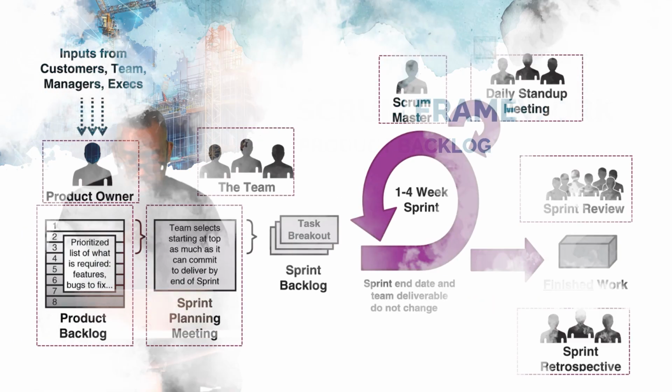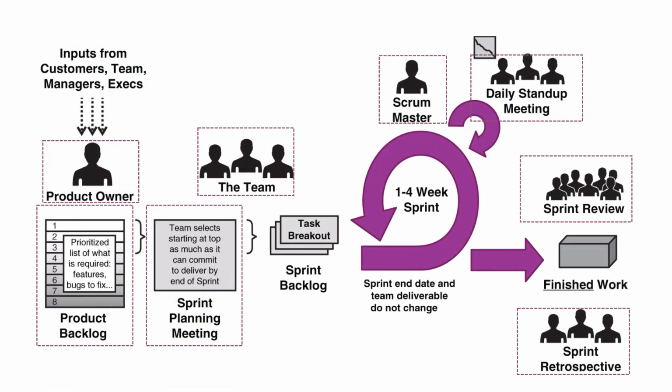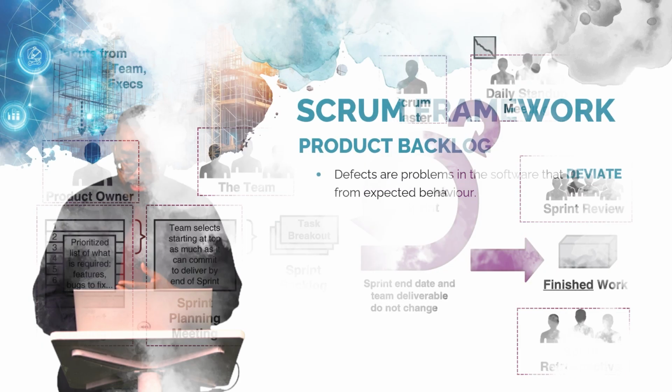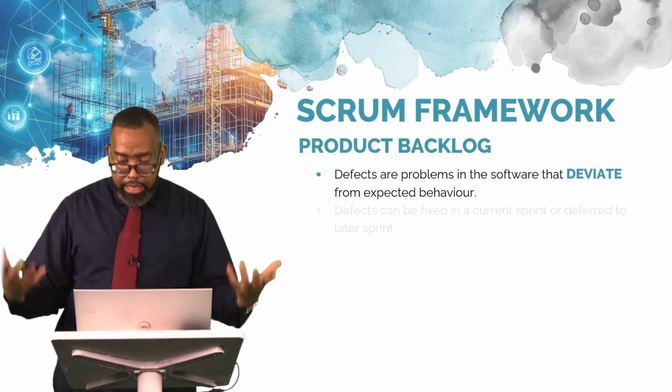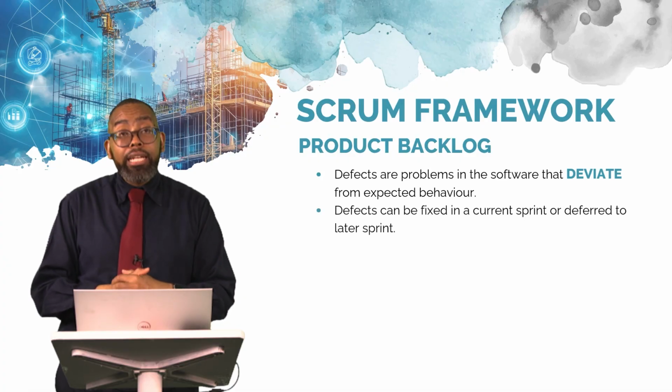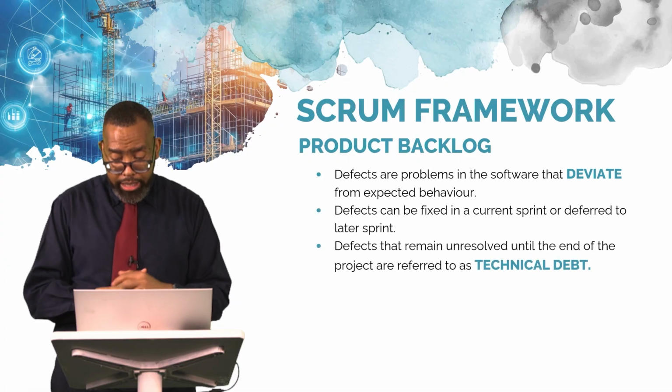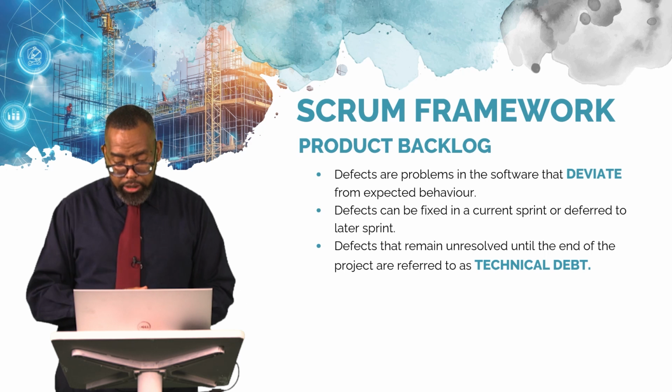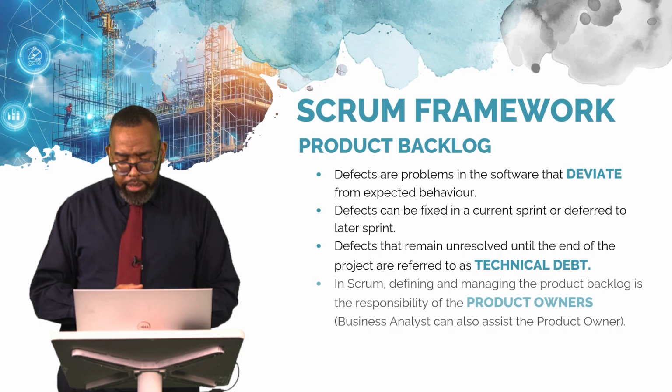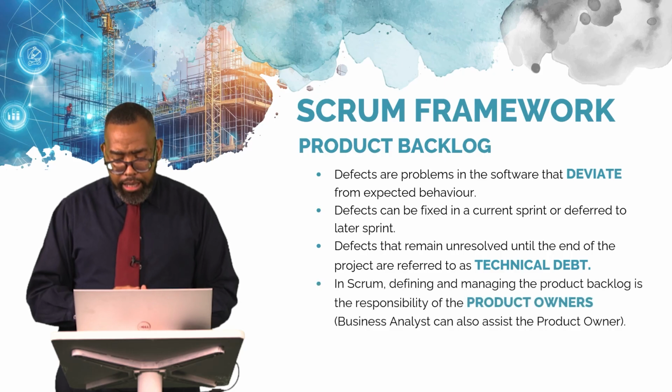Now, just another comment, when you look at the product backlog, as you can see on the image there, it of course contains the list of prioritized requirements, but it can contain other things as well, typically a list of bugs and defects and other technical items that need to be prioritized going into the iteration or the sprint.